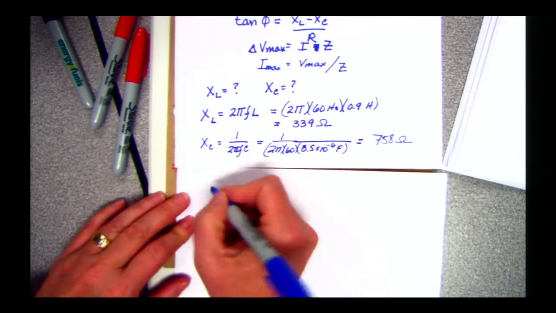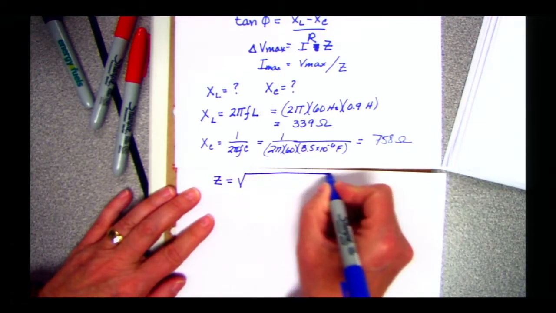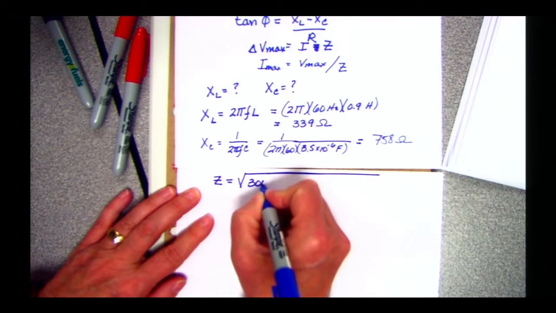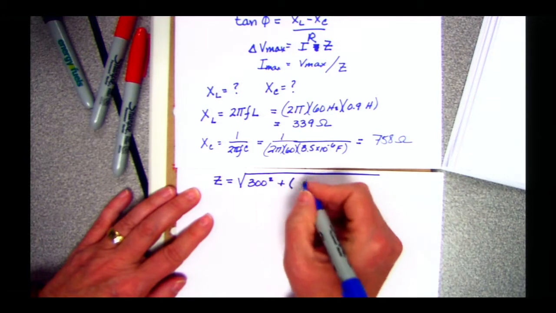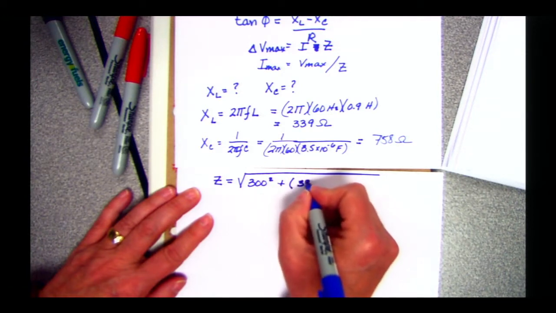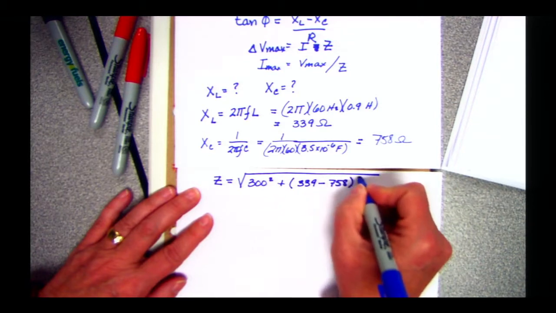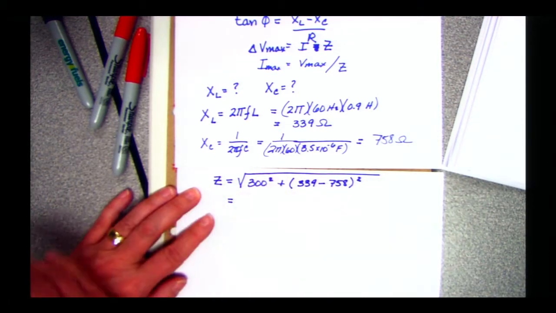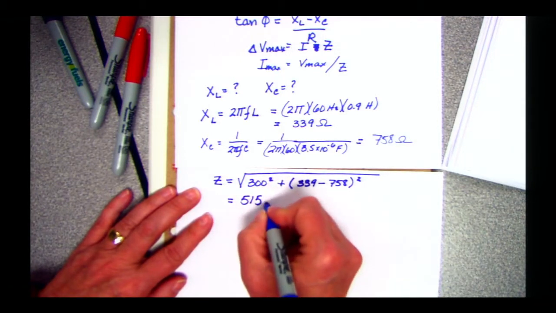So now I can plug that in to Z. It's going to be the square root of, and we're told that we had a 300 ohm resistor, 300 squared plus my XL of 339 minus 758, squared. When I plug that into the calculator, I get 515 ohms.